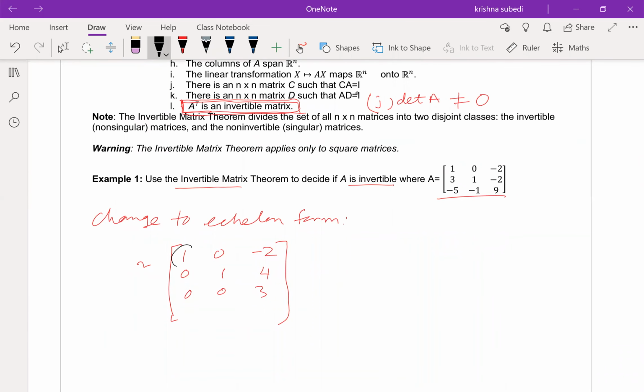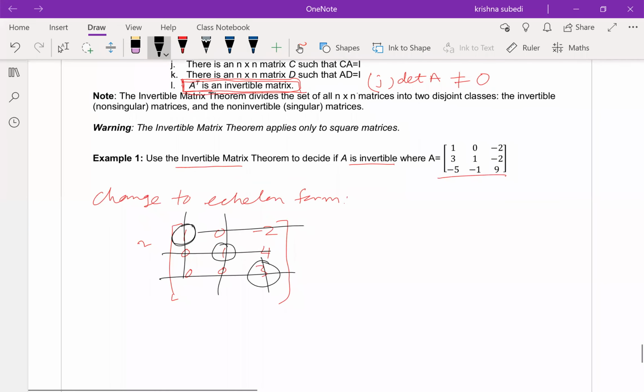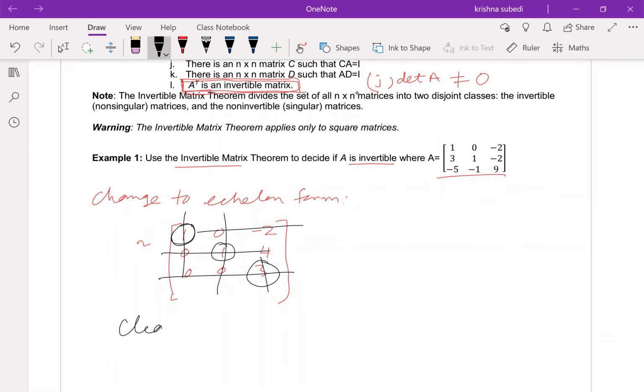So there is one pivot, and once you have taken this pivot, you cannot take any other pivot in that row. This is gone. This is gone. There is another pivot. Now this is gone. This is gone. There is another pivot. How many pivots are there? 3. 3 pivot positions.